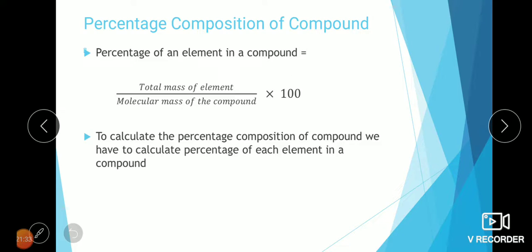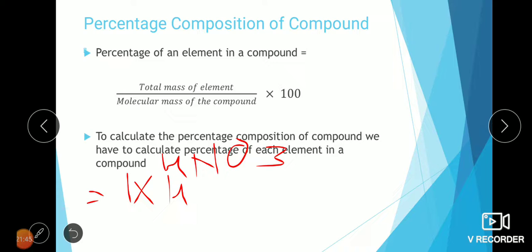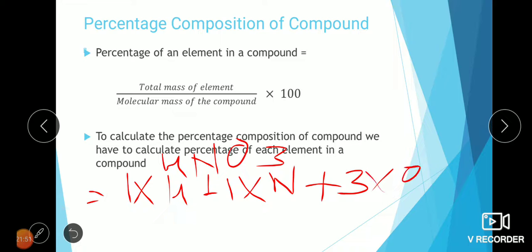Next compound we will take is HNO3, that is nitric acid. Now it will be 1 into H plus 1 into N plus 3 into O. Now 1 into 1 plus 1 into 14.